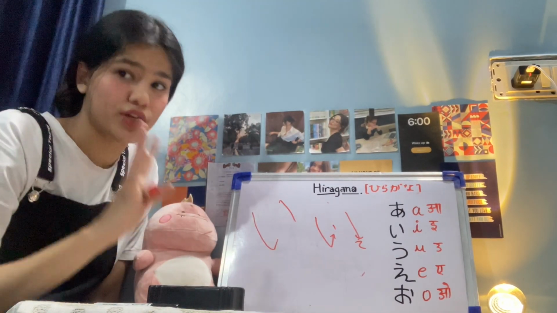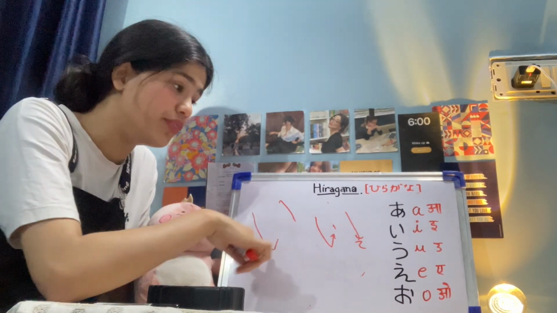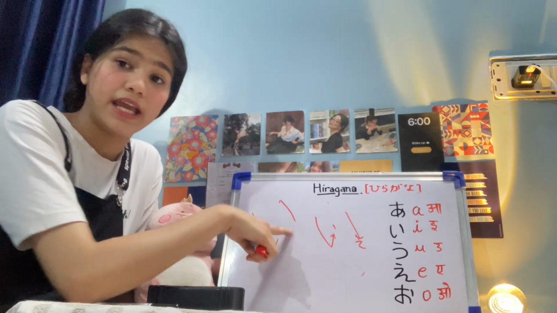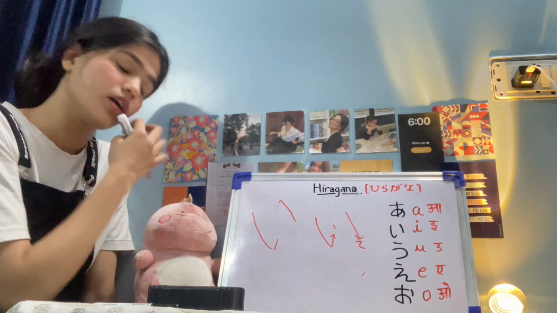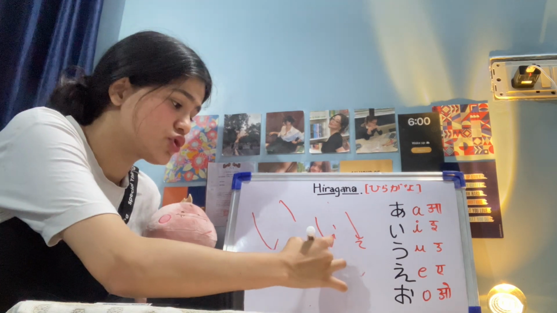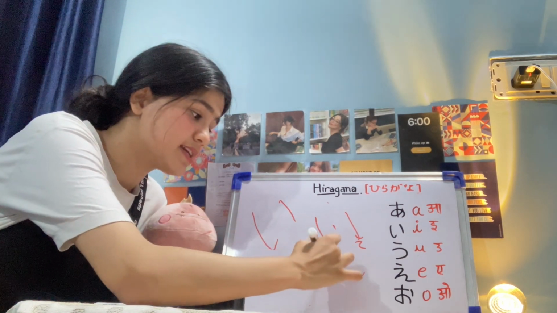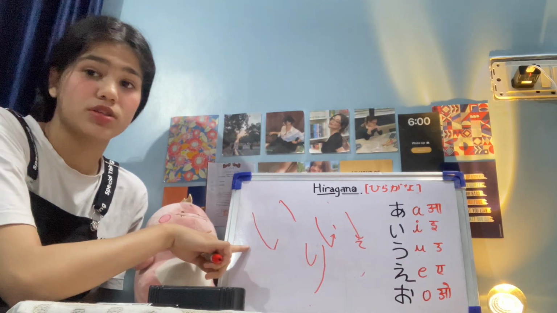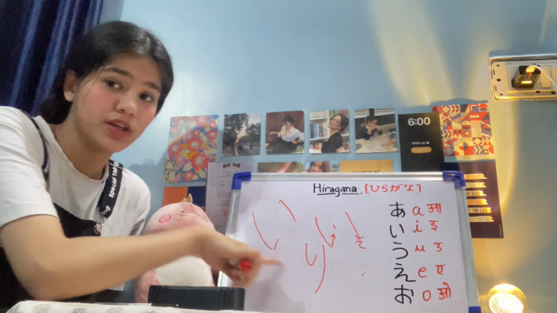So E, first thing, it's a bit tilted, and this line is the longer one and this one is shorter. It won't be crossing this line. And the re is straight, and the second line will be longer than this one. So it's pretty much different.